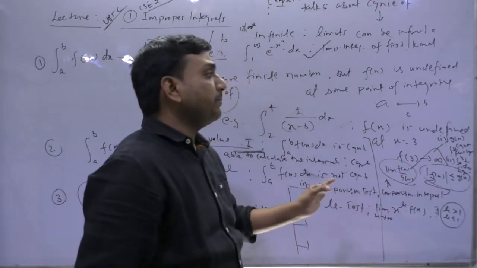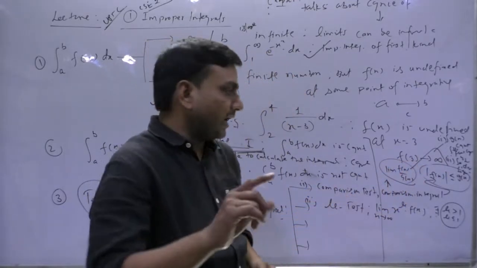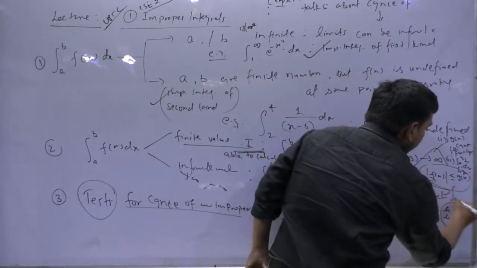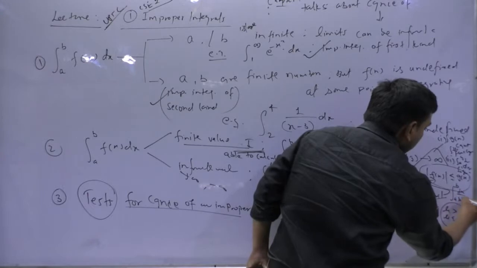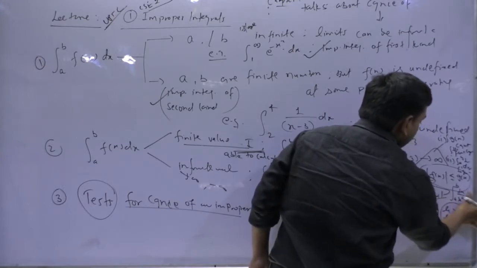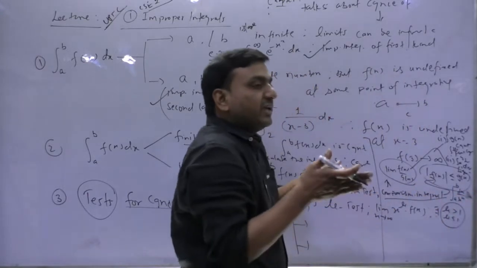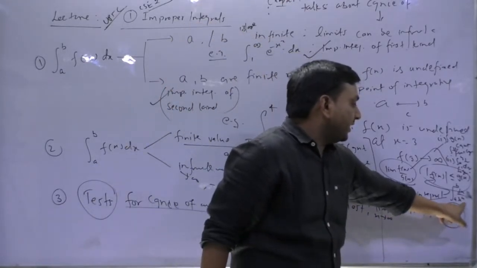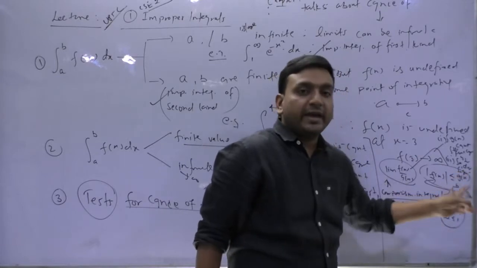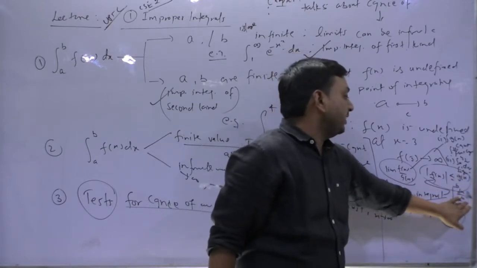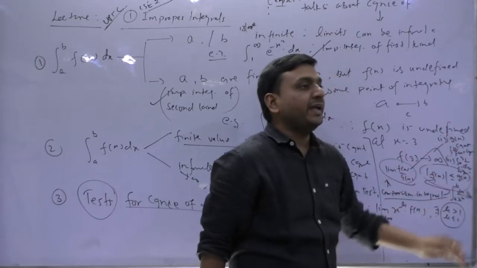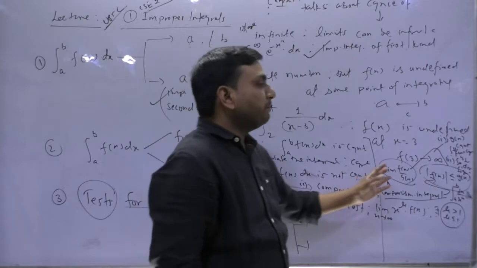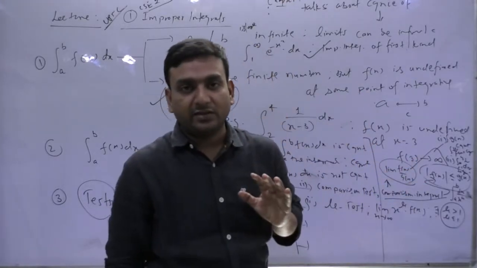In the comparison test, we will have a comparison integral, and that will be a to b dx upon x raised to the power n, or x minus a raised to the power n kind of stuff. Provided that n is greater than 1 or less than or equal to 1, depending on this we categorize. Is that clear? So that is the mentoring part for you guys.